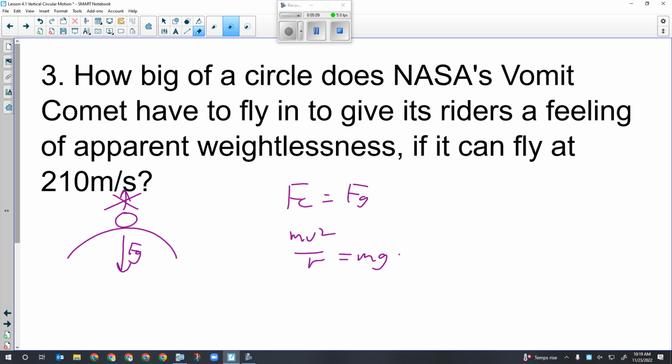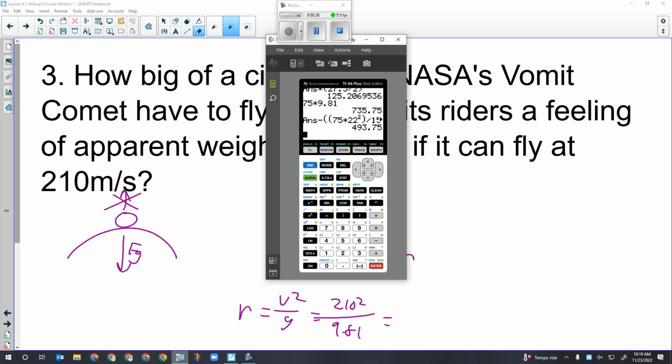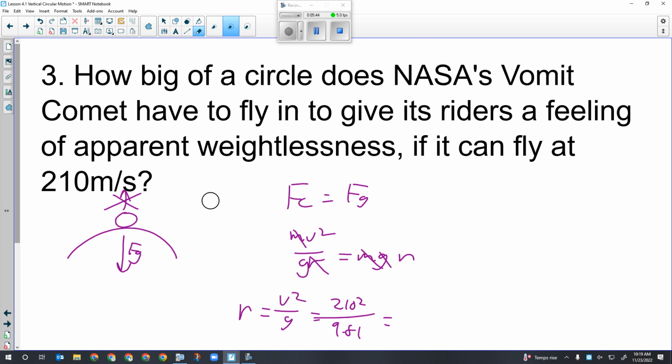So we're going to multiply both sides by r, the m's are going to cancel, g is going to be here, and r is simply going to be v squared divided by g, so that'll be 210 squared divided by 9.81. So we're looking at 5.00, because we have 3 significant digits, times 10 to the 3 meters.